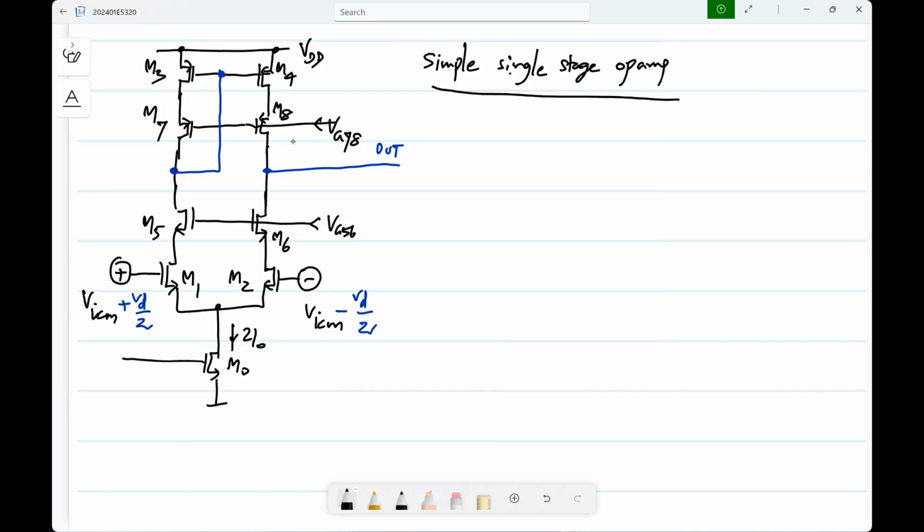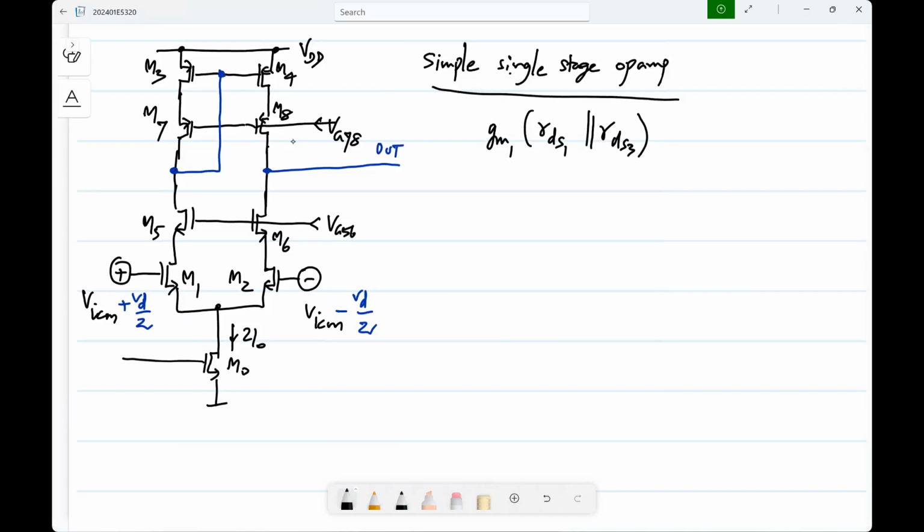If you try to put all the RDSs and all the GMs and analyze it, it becomes extremely messy. You just have to understand that the common source, common gate combination has an output resistance which is approximately GM times RDS of the cascode times RDS of the amplifier device. Okay. So in this case, this is what we had as the gain.